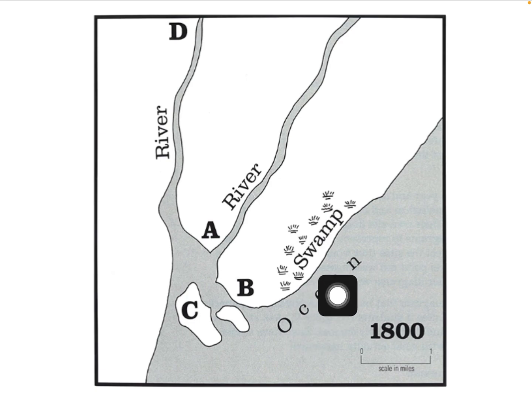So I would not pick B. My choice would be A. I'm right near 2 river mouths, and I'm pretty close to the ocean, but I have this land in front of me to protect me from any large waves coming in from the ocean there. So A would be my best choice for a settlement.